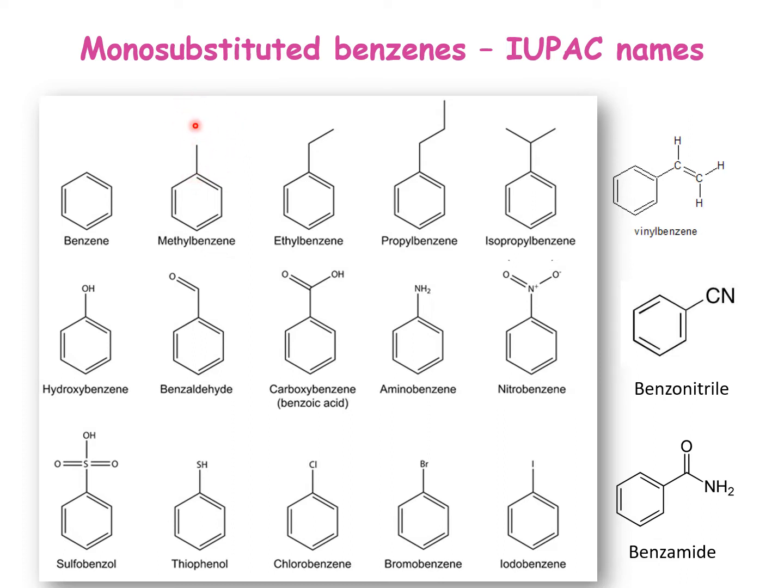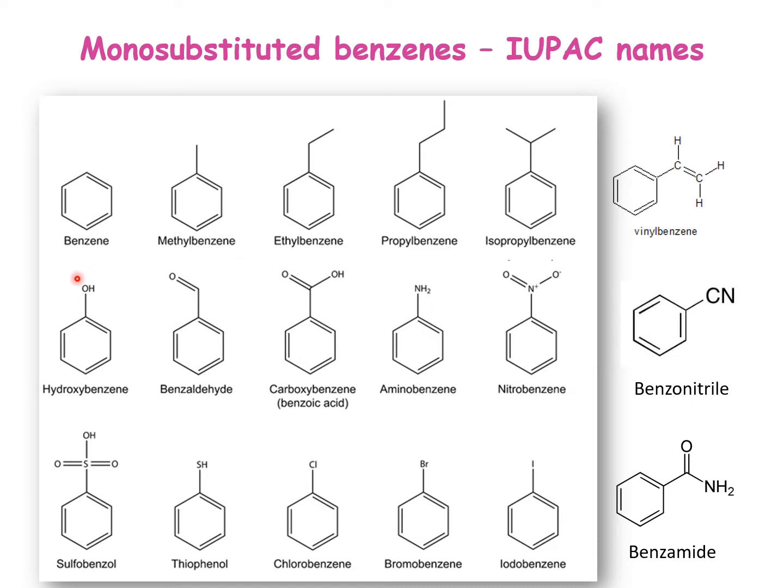Methyl substitution is present on the benzene. So the simple name is methyl benzene. Similarly, here we have ethyl benzene wherein the terminus represents one carbon. This intersection point represents another carbon. So it is ethyl benzene, then we can have propyl benzene, isopropyl benzene and so on.